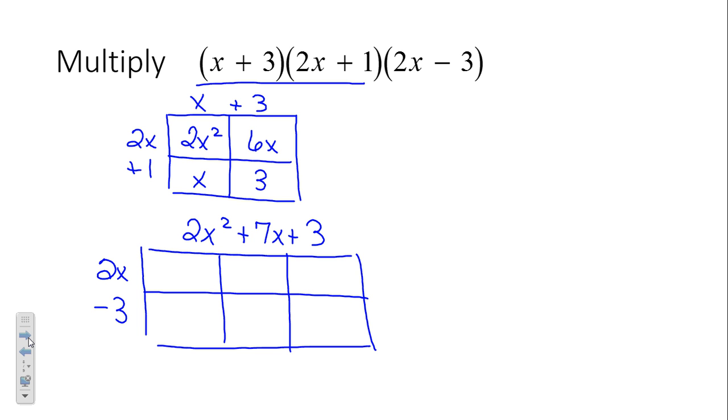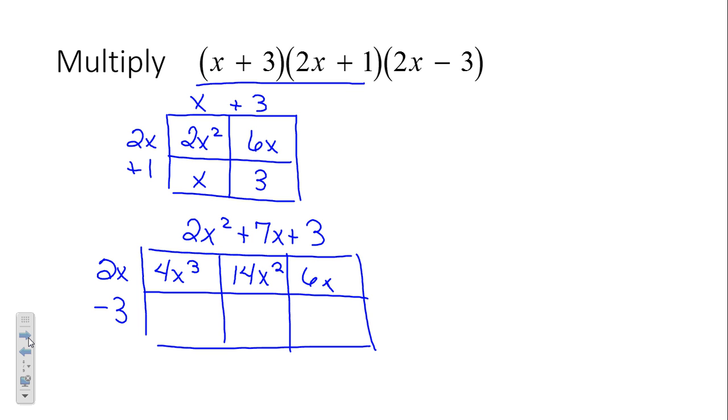So 2x times 2x squared, 4x cubed, 2x times 7x, 14x squared, 2x times 3, 6x.